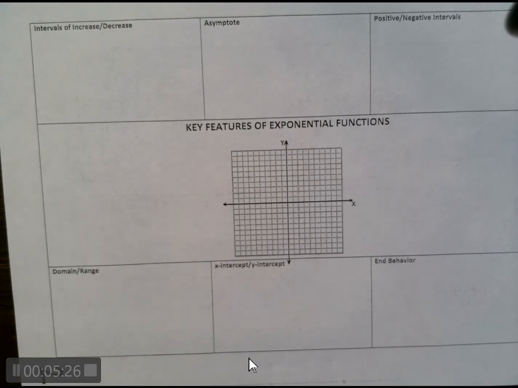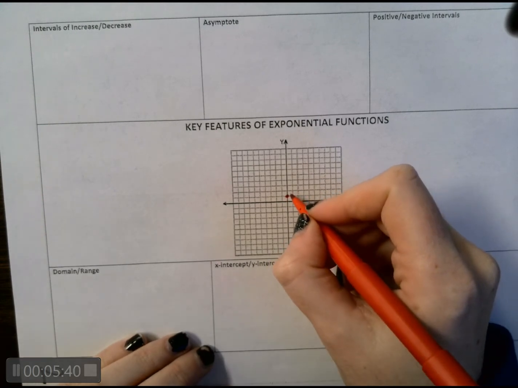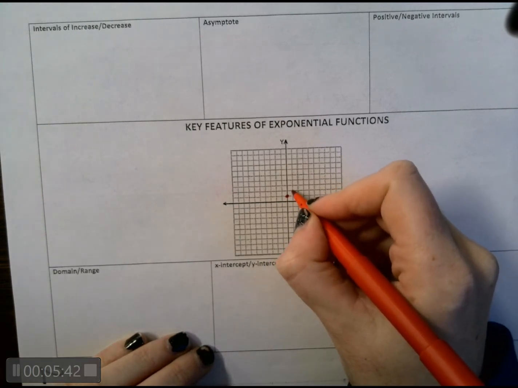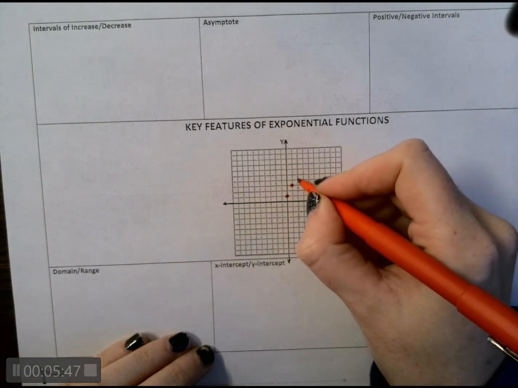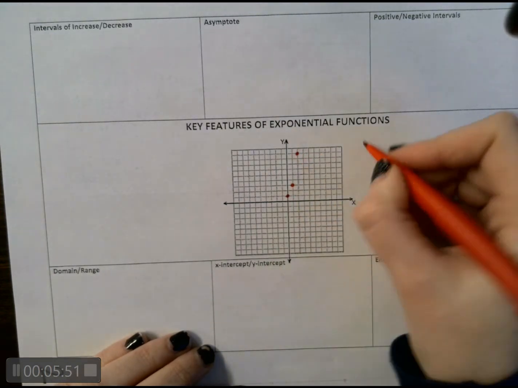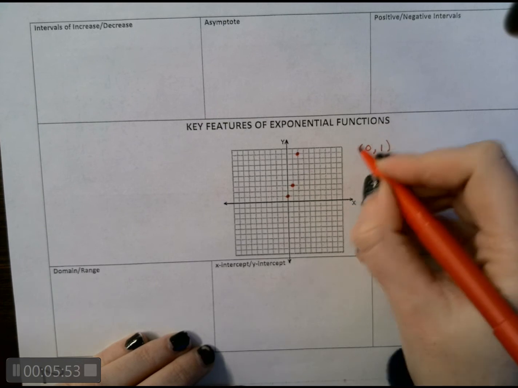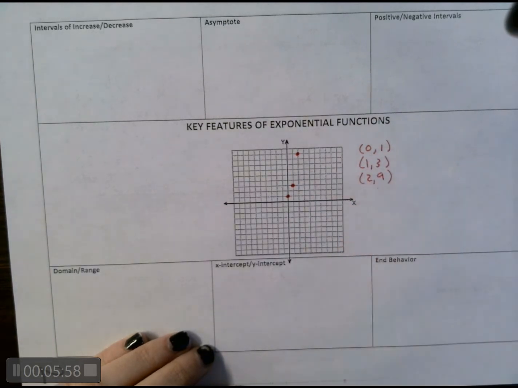Okay, so I have listed out the points (0, 1), (1, 3), and (2, 9).